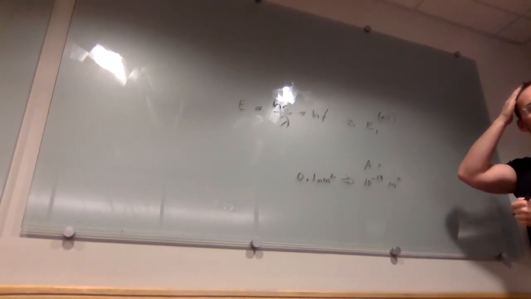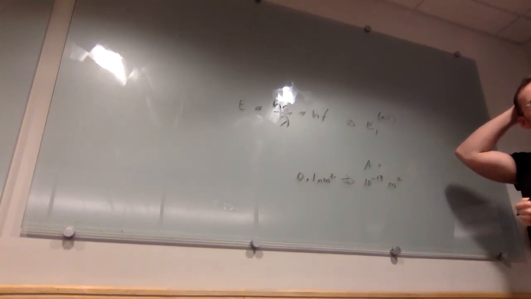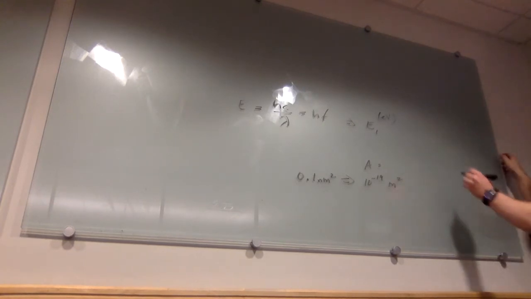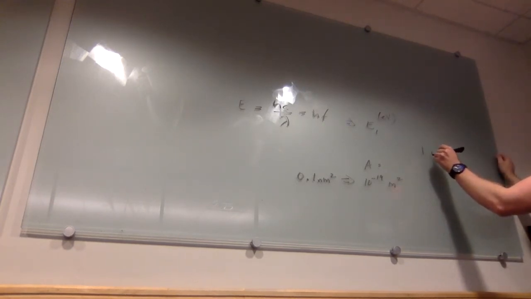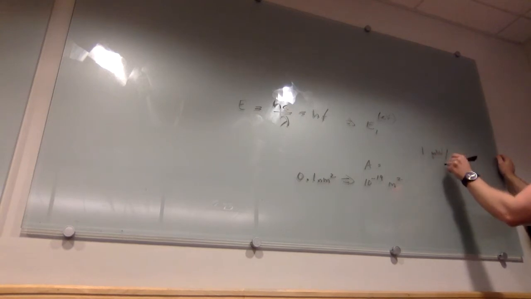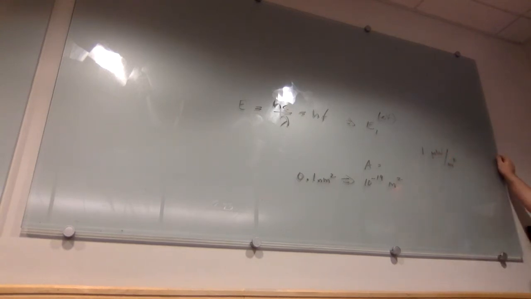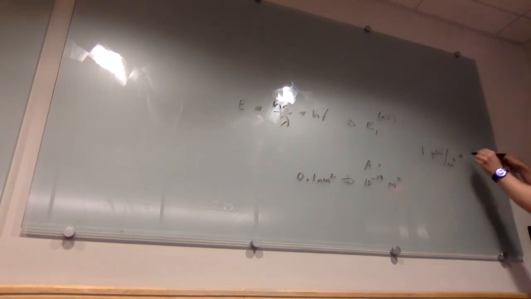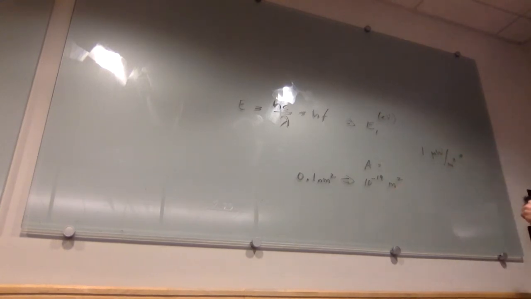Okay, and we have an energy density, and we have the field, right? So it's 1 microwatt per meter squared, but the field itself is 0.1 nanometers squared. So it's 1 microwatt per meter squared multiplied by 10 to the negative 19th. Now we have the density for that particular field.